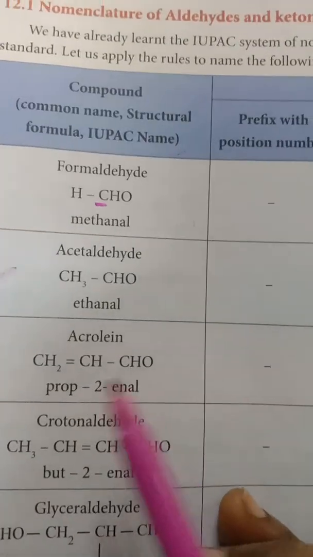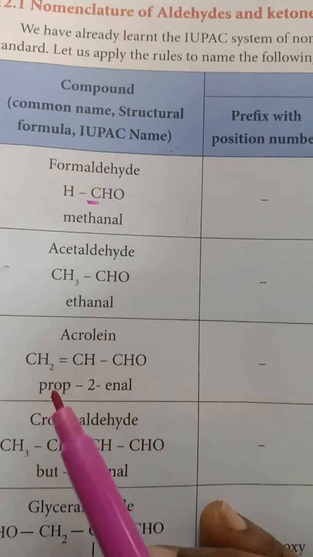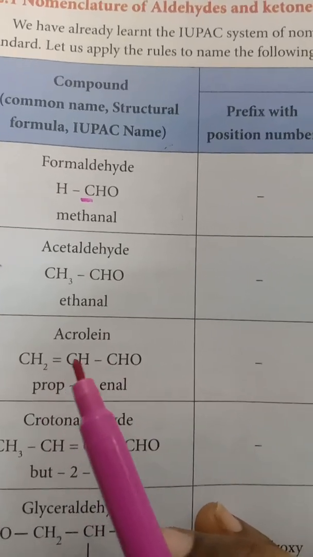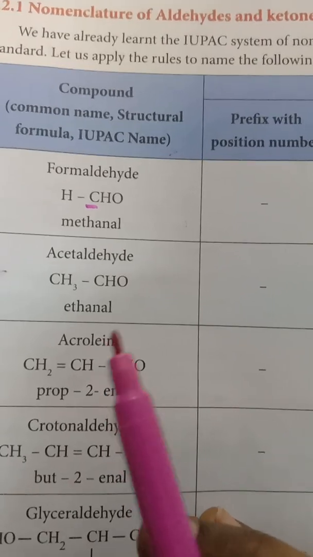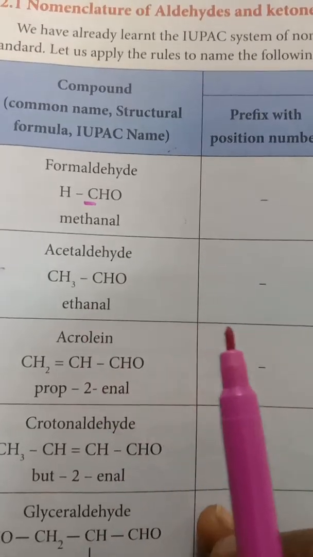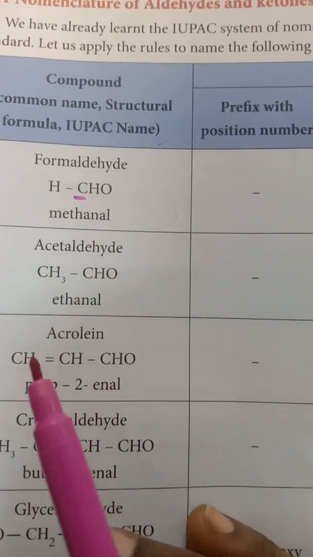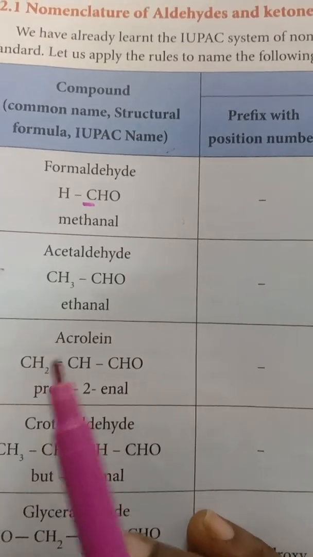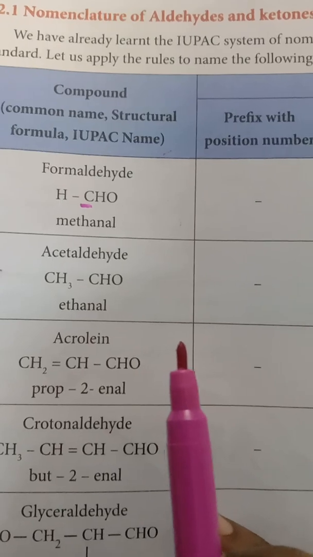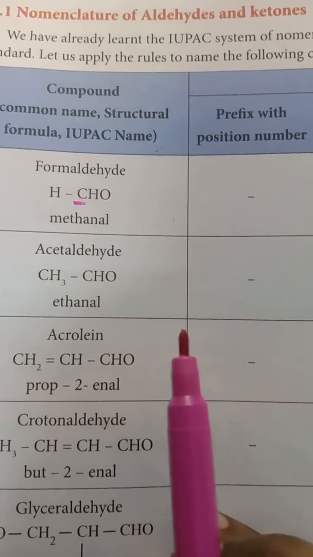The third one has three carbon atoms, so prop, and you have a double bond here. If the carbon chain goes on extending, you have to start numbering the carbon. You can number from either side, but the side where the functional group is present gets the first preference.